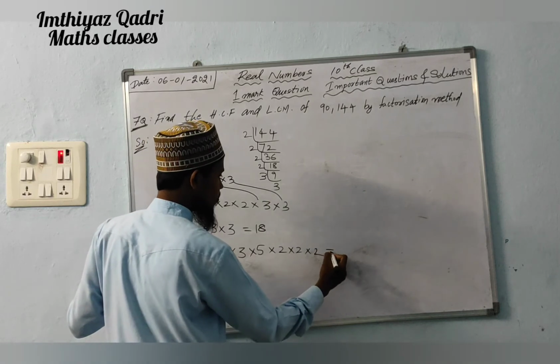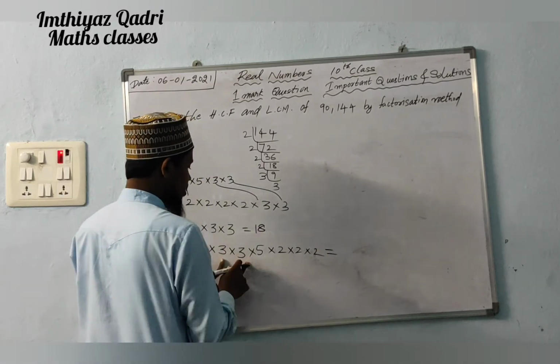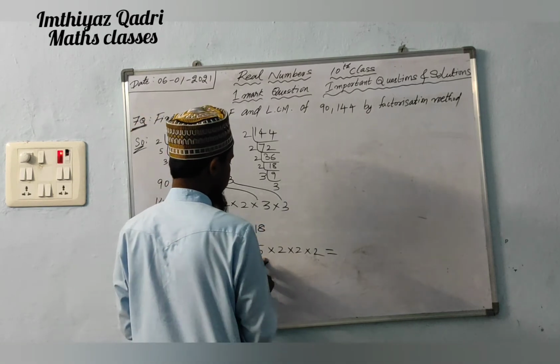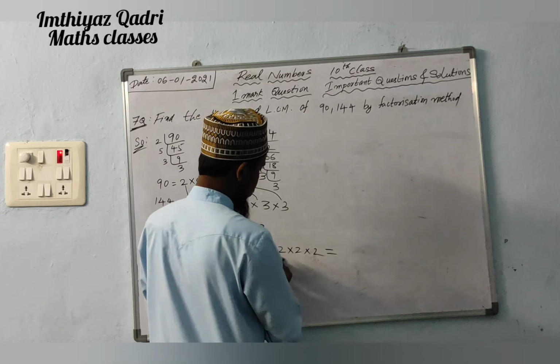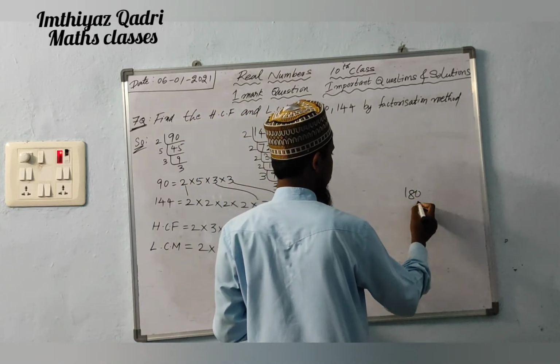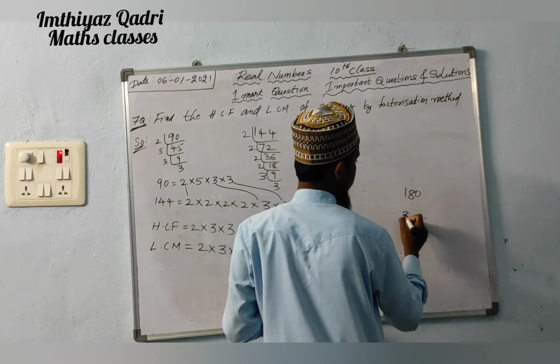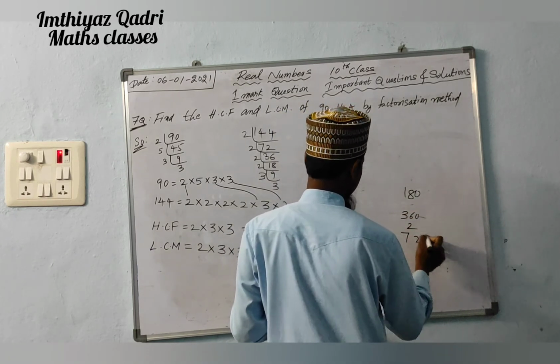This is the LCM. 2 threes are 6, 6 threes are 18, 18 fives are 90, 90 twos are 180, 180 twos are 360, 360 twos are 720.